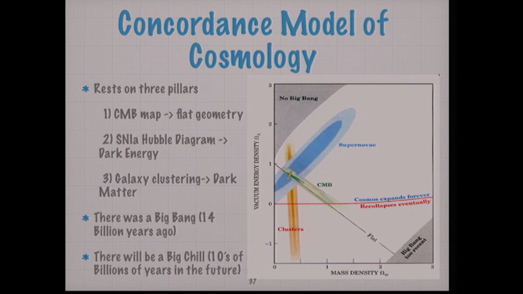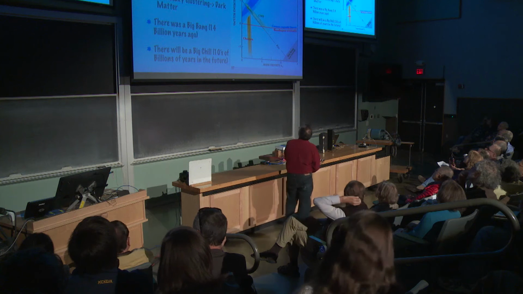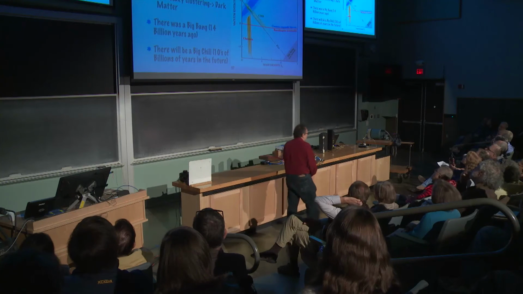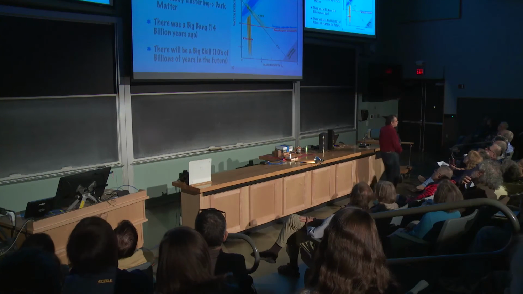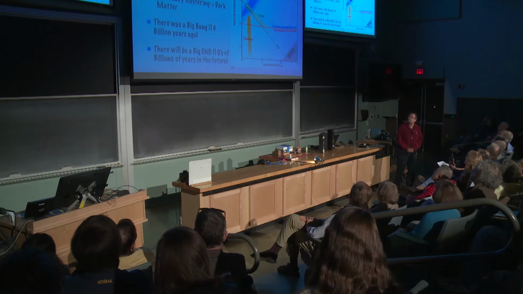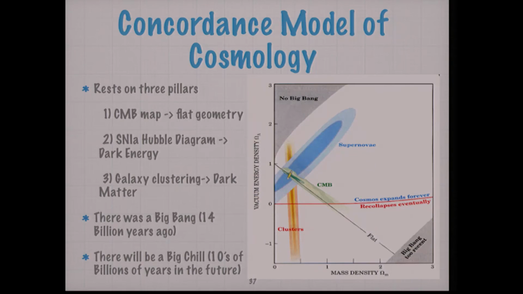And so our modern model of cosmology is called the concordance model of cosmology because 3 big things are in concord. The 2 other things are the map of the cosmic microwave background, which has been done very precisely. It implies that we live in a flat geometry universe. That's the green thing following the diagonal line.